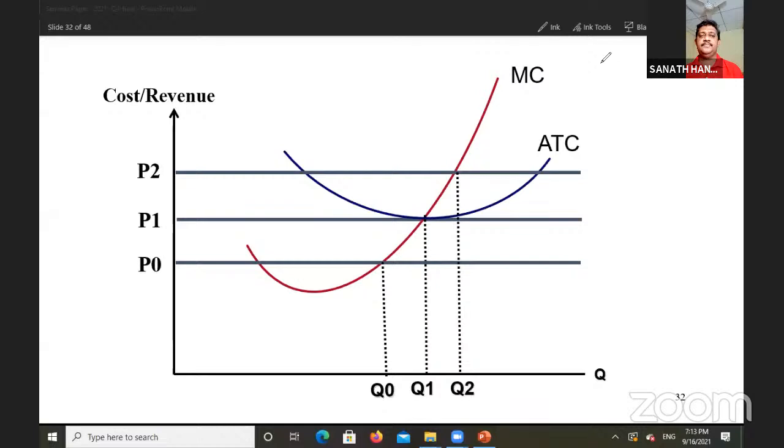Q1 is at the minimum level of average total cost. Therefore, Q1 is efficient.